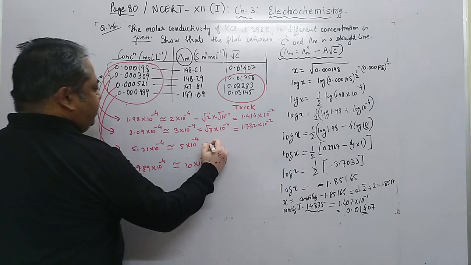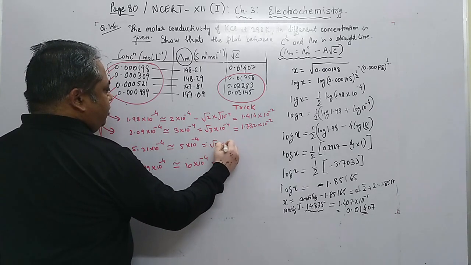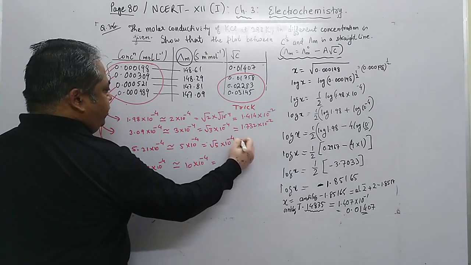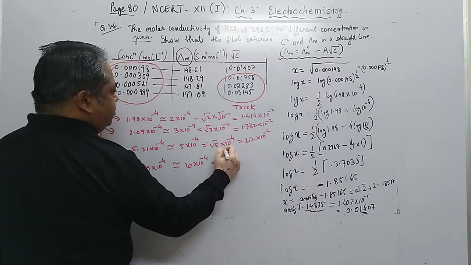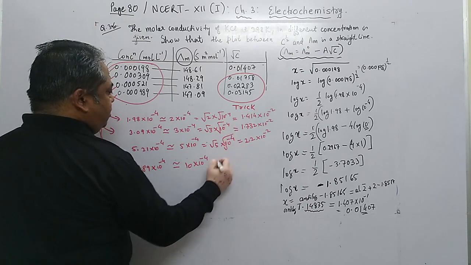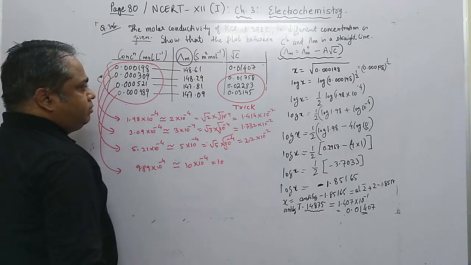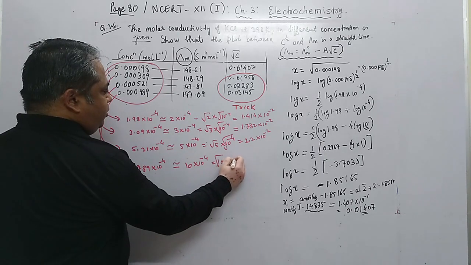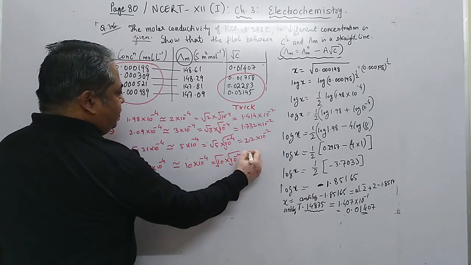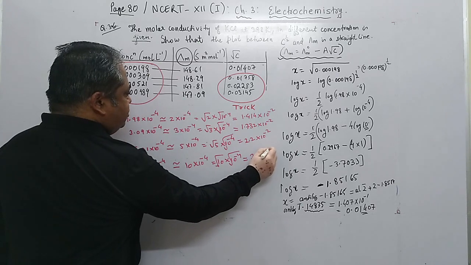Root of 5 will be somewhere around 2.2 into 10 to the power minus 2, and root of 10 into 10 to the power minus 4 will be somewhere around 3.1 into 10 to the power minus 2.